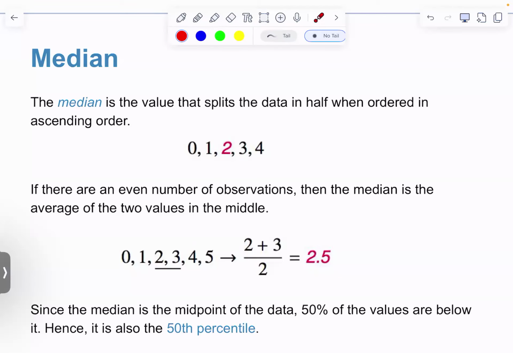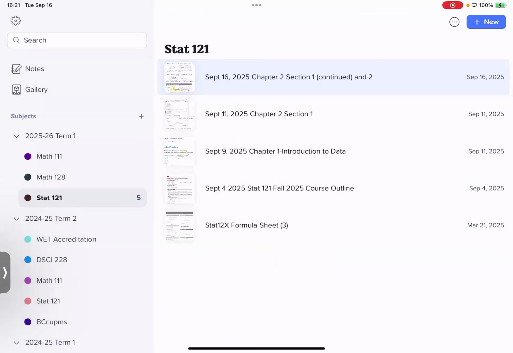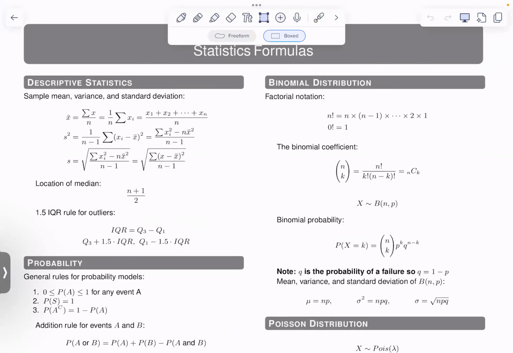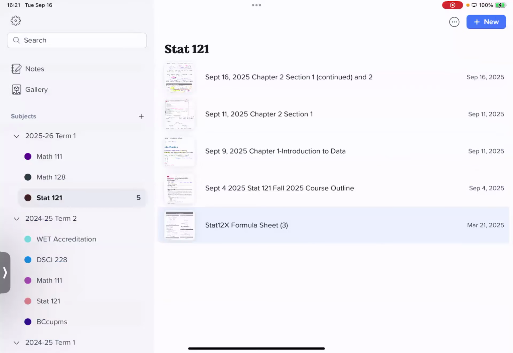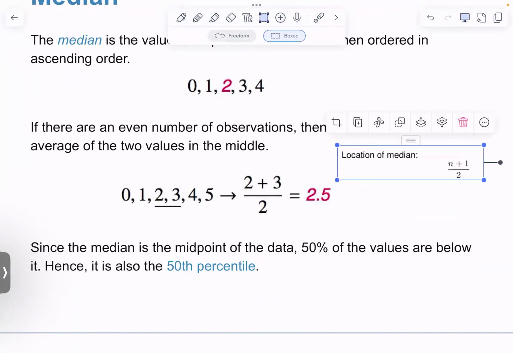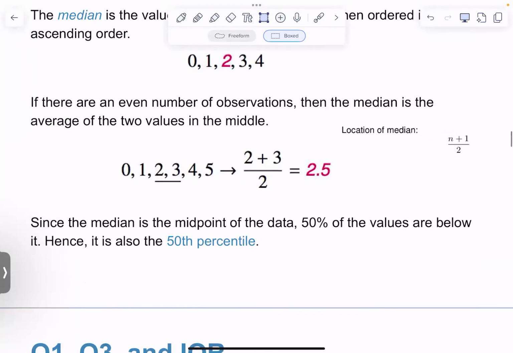Now, on your formula sheet, there is a formula for it, but I don't like it. It's on here because other people like it. And it gives the location of the median. That's not super useful.